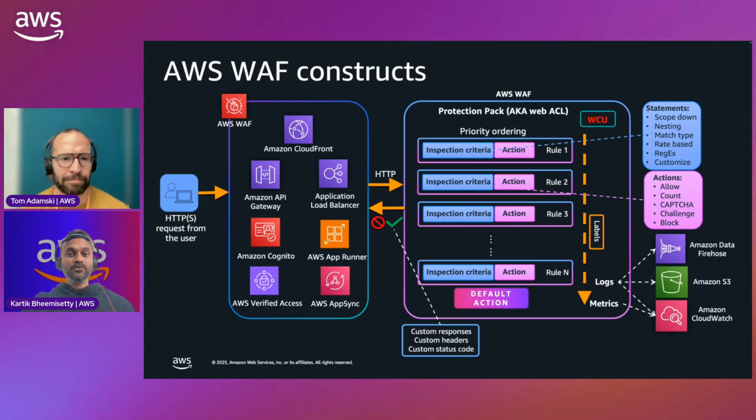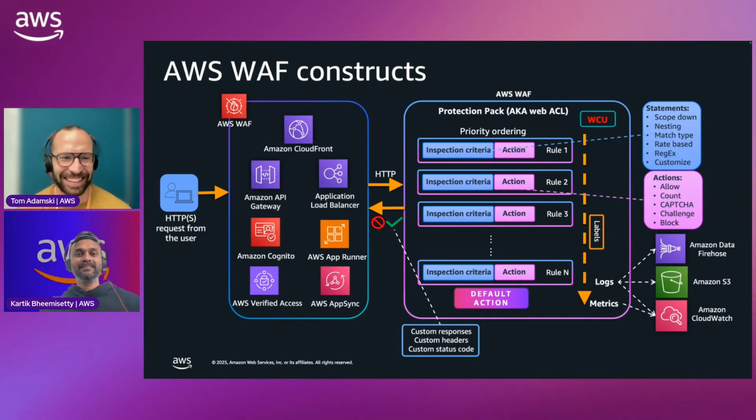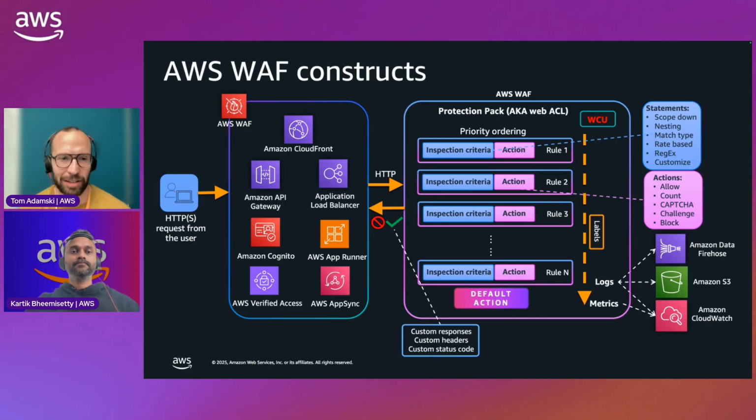I just want to ask the users, does anyone use WAF with Cognito, Verified Access, App Runner, AppSync here? I would be interested to understand, because it's very rarely I see customers doing that. I had a customer deploy WAF for Cognito. They had very strict requirements to limit access to Cognito from specific IP addresses. So it was a pretty simple rule set.